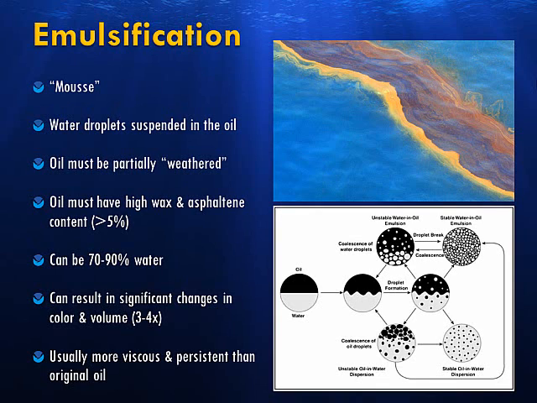Another thing about emulsified oil is it can often change the color pretty drastically. A lot of times, like in Deepwater Horizon, and this may be a Deepwater picture, I'm not sure, the brighter the color, the more emulsified the oil is. So here, this darker oil might be less emulsified than this orange. This brown has a higher content of water, a little bit more emulsified, and this bright yellow is a highly emulsified oil.